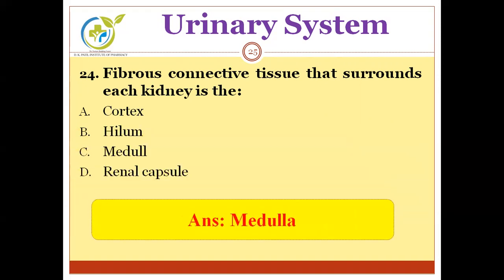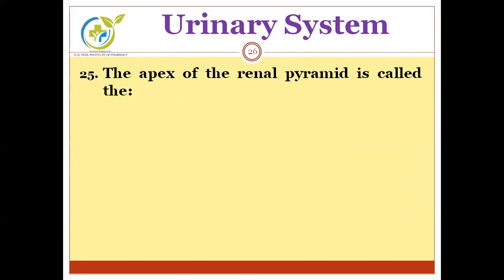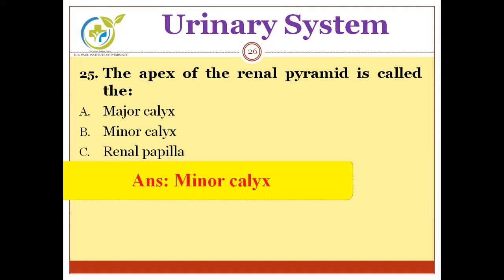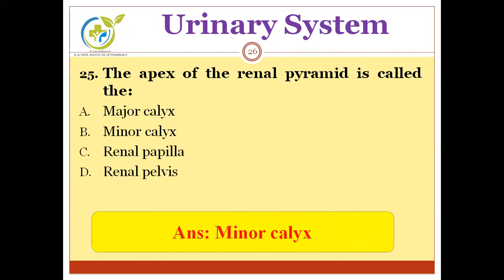That is the fibrous connective tissue which surrounds the kidney. The apex of the renal pyramid is called: major calyx, minor calyx, renal papilla, renal pelvis. Here is the correct answer, minor calyx. The apex of the renal pyramid is called minor calyx.